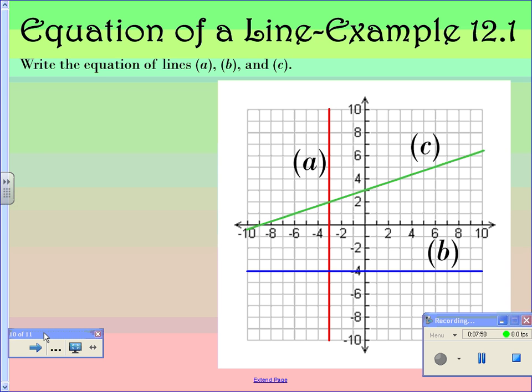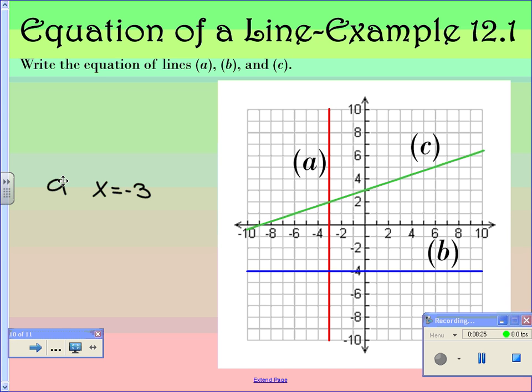Anybody want to go write the equation to A? Not Miranda. She's been up several days. Somebody go. Do you agree with her equation? Okay.